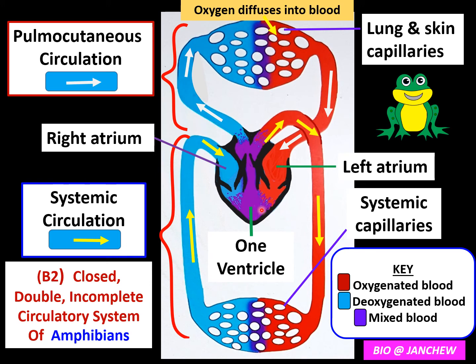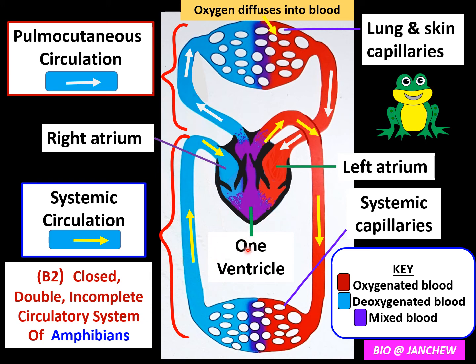The reason is that the ventricle is not separated into two parts by a septum, which is a tissue right in the center of the heart. For humans, we have a septum that divides the heart into the right side and the left side. It's like a wall that divides the heart completely. So humans have a complete circulatory system, but the frog has an incomplete circulatory system because it doesn't have that septum to divide the ventricle into the left and right side.